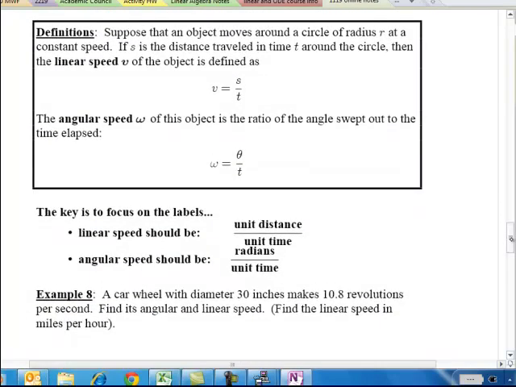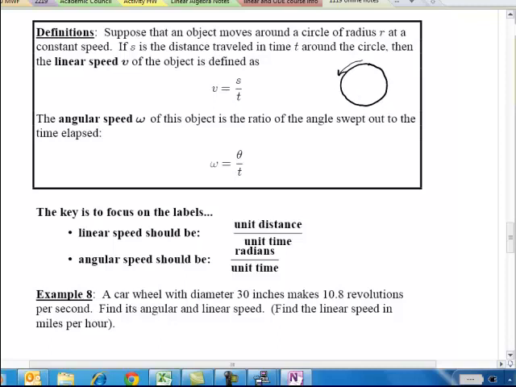Then the last thing we need to talk about in this section are these ideas of linear speed and angular speed. What you want to think about is an object moving on a circle. You might want to track the actual distance the object is moving per each unit of time.